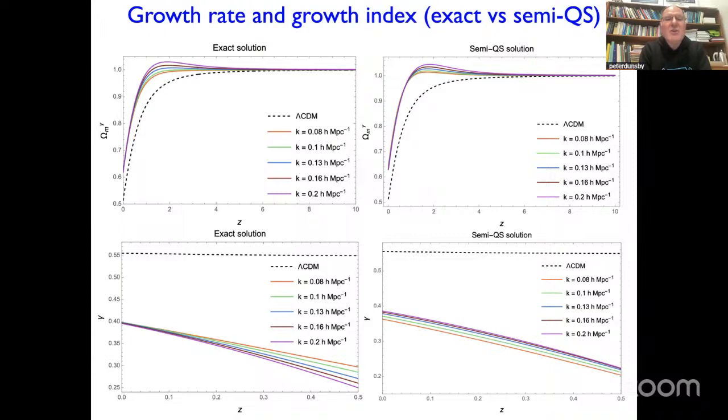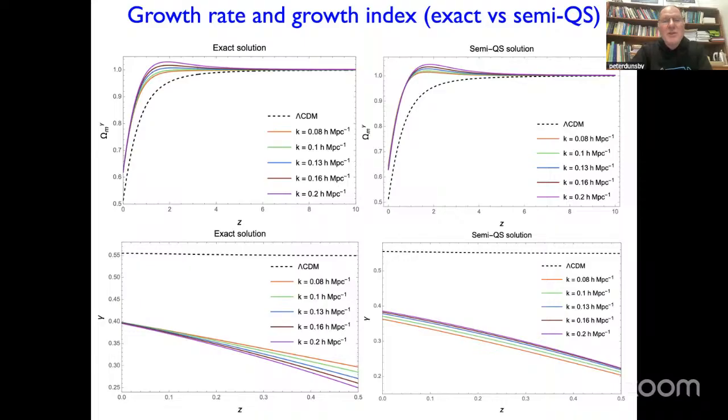But the other thing you notice when you look at these plots is that there is a subtle difference between what one finds for the exact solutions and the semi-quasi-static approximation in this case. You can see there's a variance in gamma, a difference in gamma depending on your scale, between the exact solution and the quasi-static approximation.